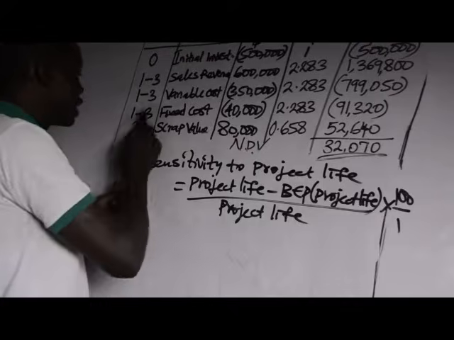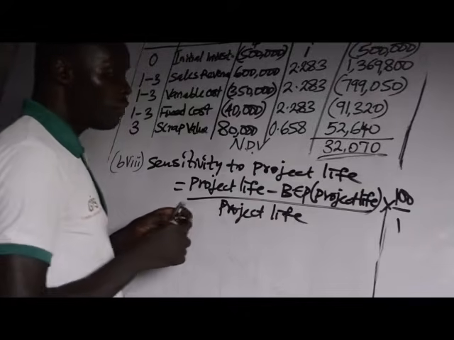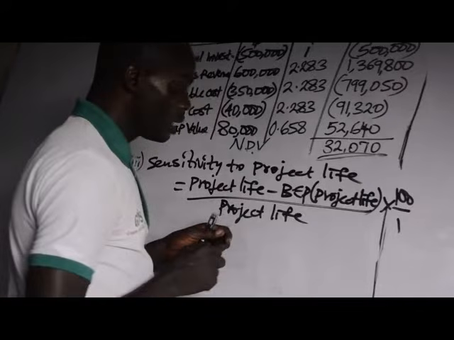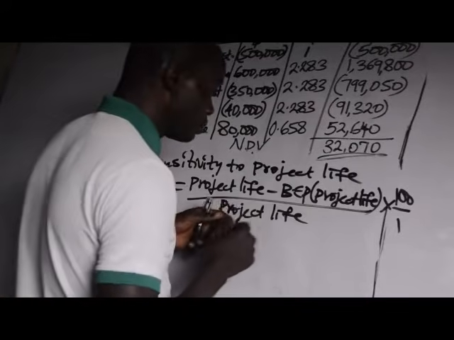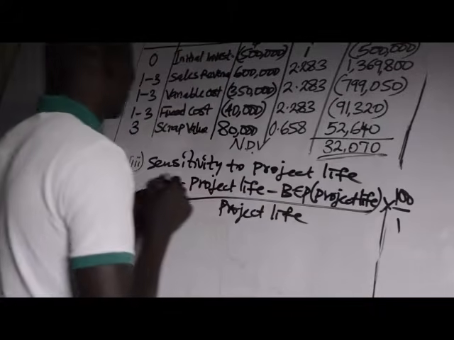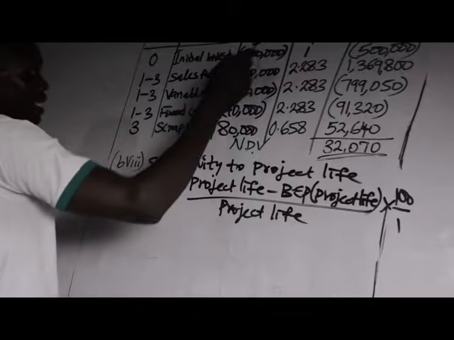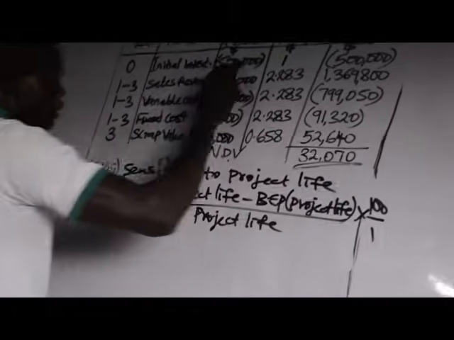The project life is 3 years. What is the break-even point of the project life? The break-even point is the payback period. Now, when will this project pay back? It's an outlay of 500,000.